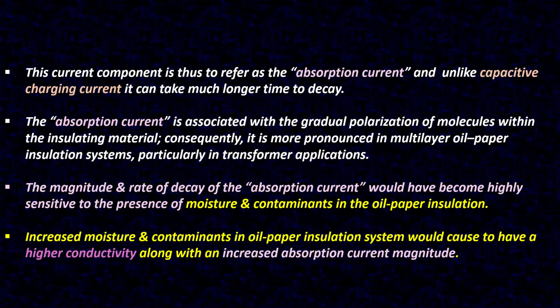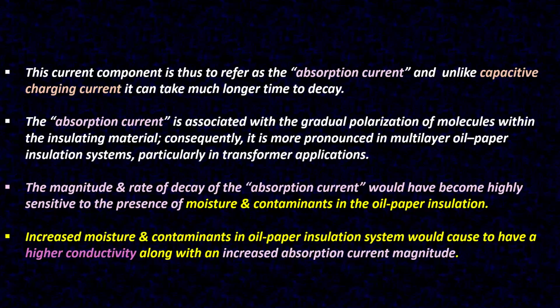This current component is thus referred to as the absorption current, and unlike the capacitive charging current, it can take much longer to decay. The absorption current is associated with the gradual polarization of molecules within the insulating material. Consequently, it is more pronounced in multi-layer oil paper insulation systems, particularly in transformer applications.